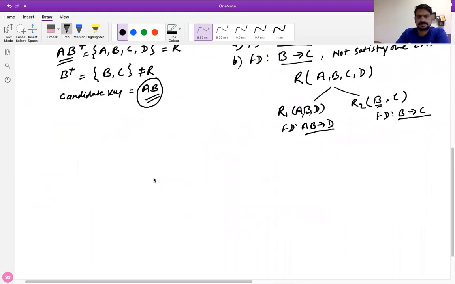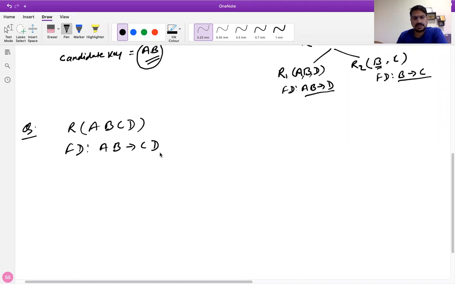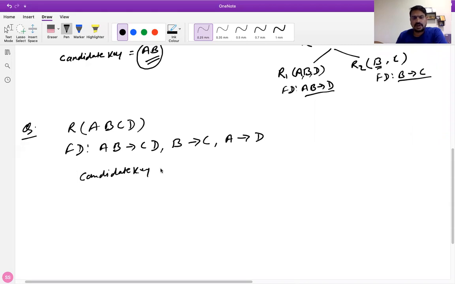Okay, let's say we have a relation A, B, C, D. The functional dependencies are AB determines C, D, B determines C, and A determines D. Now, in this case, what is the candidate key? AB, sir. AB is the candidate key.